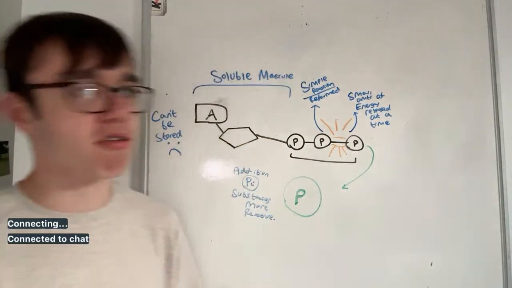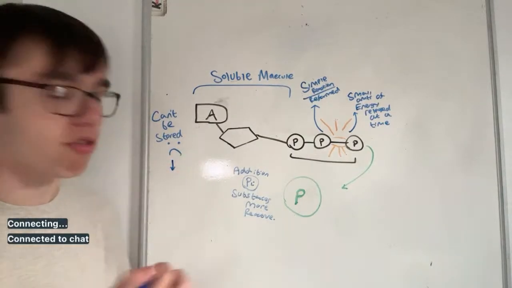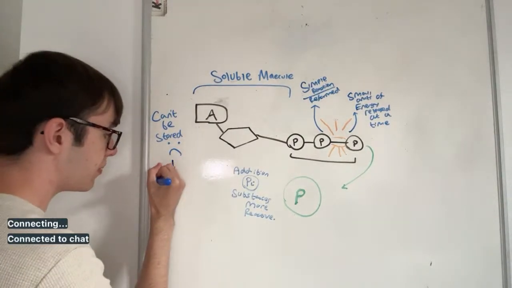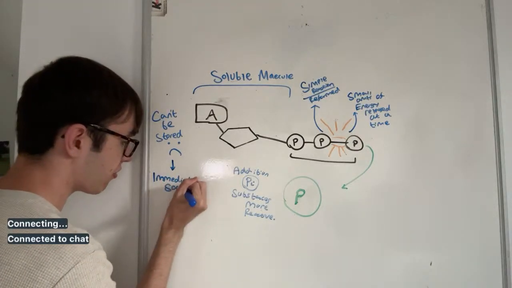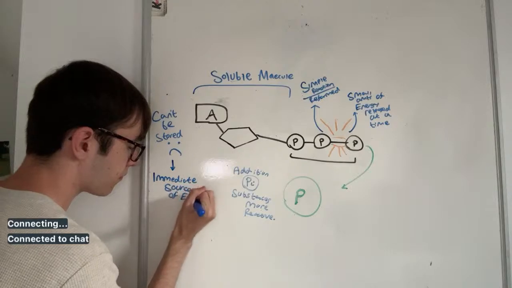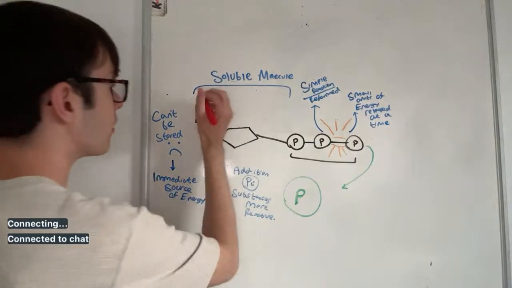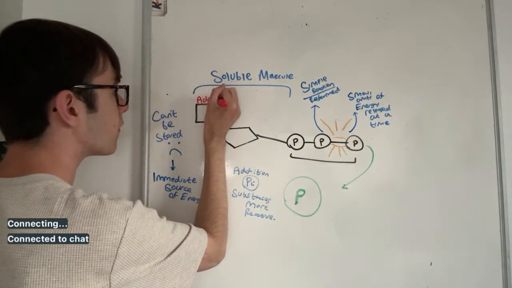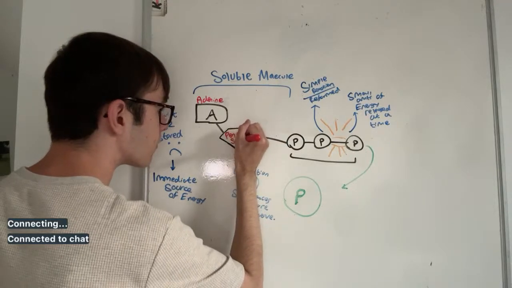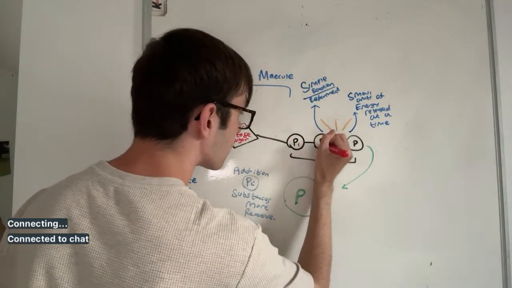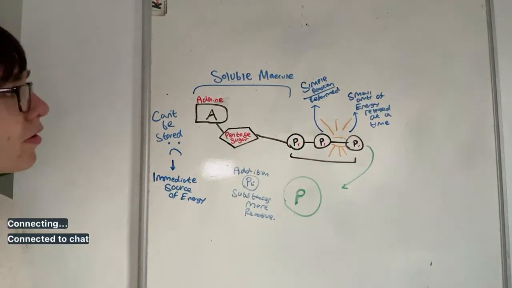That's not how it works. ATP can't be stored. I'm pretty sure it also can't travel from cell to cell. So it has to be used immediately. It's an immediate source of energy. So that is ATP, everything you need to know about ATP, I'm pretty sure.